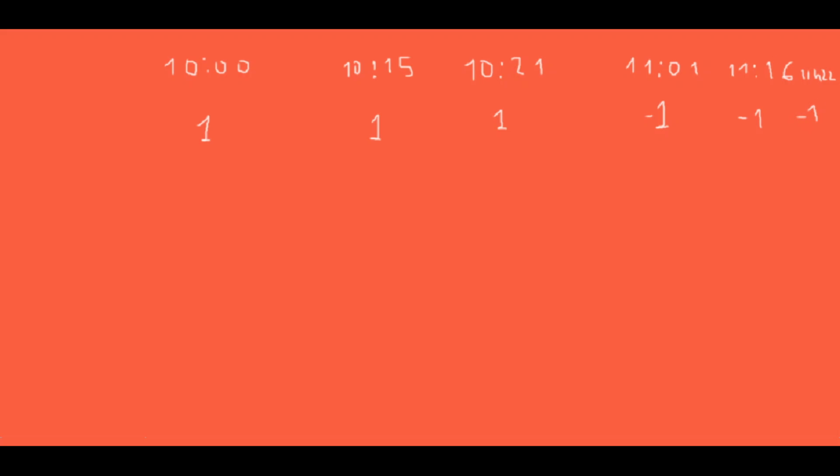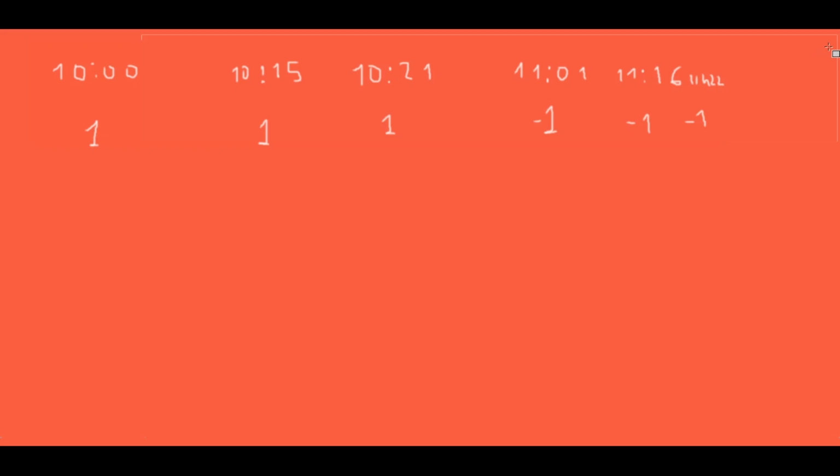Okay, I will drag this just in case. So you got the picture, right? We mark the start of the interval and we mark the end of the interval.